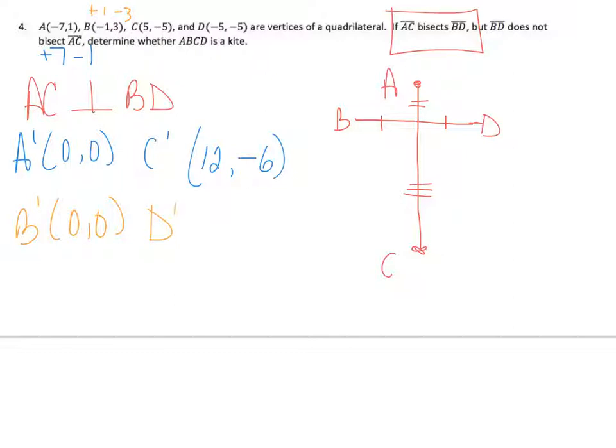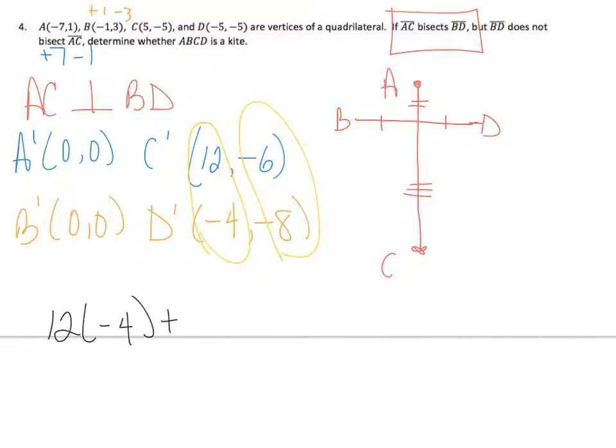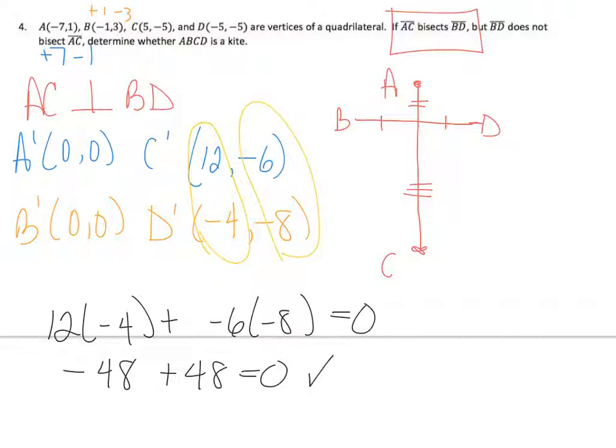So D prime is going to be a +1 and a -3. All right, so let's check. I'm going to multiply those and those. 12 times -4 plus -6 times -8. Does that equal 0? This would be -48, +48 does in fact equal 0. Therefore, it's a kite.